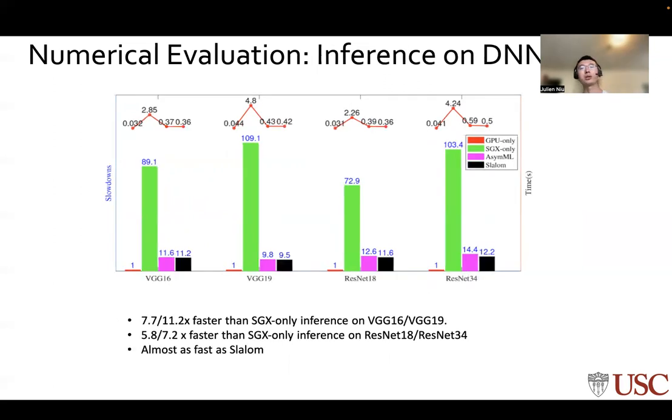We also compare the inference time on DNNs with a very famous baseline called Slalom, and the inference time is almost the same as Slalom, thanks to the low-rank structures in intermediate data.